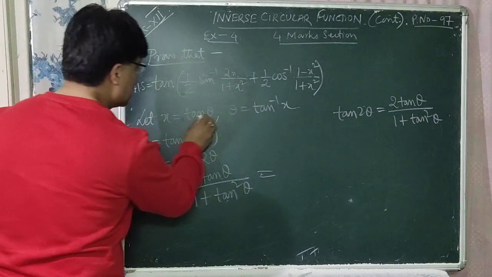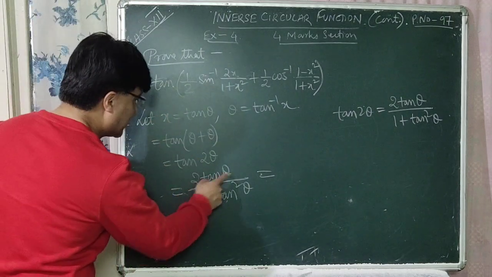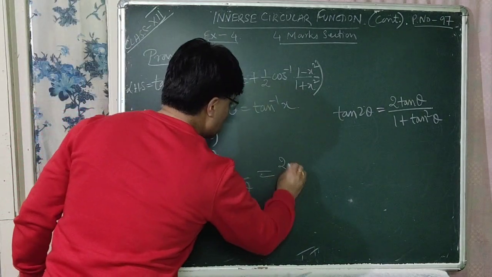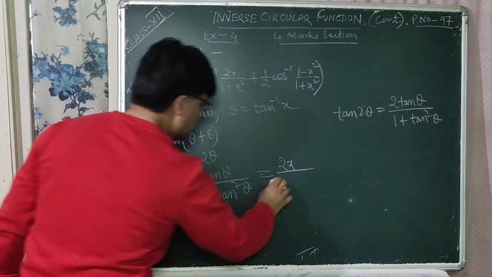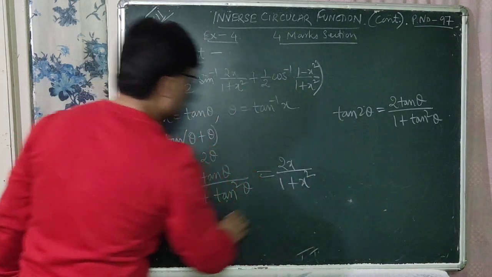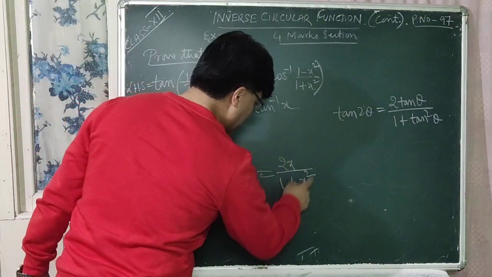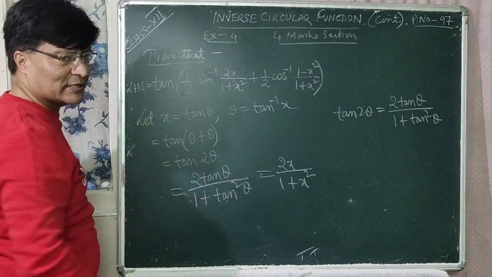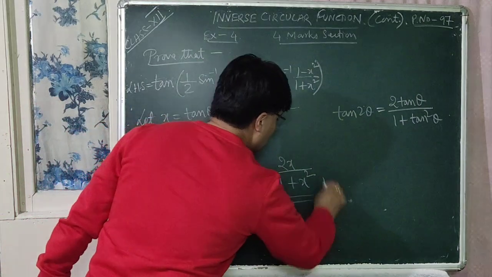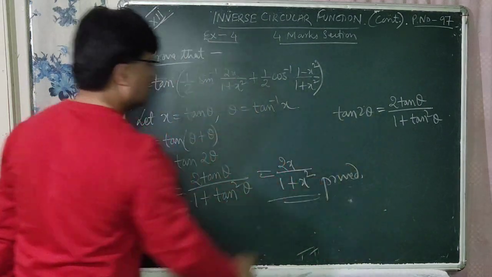Only you have to use x is equal to tan theta. Okay, so what is tan theta here? x. So it is 2x divided by 1 plus x square. So we have got the answer, which was 2x upon 1 plus x square on the right hand side, isn't it? So we have proved LHS is equal to RHS.